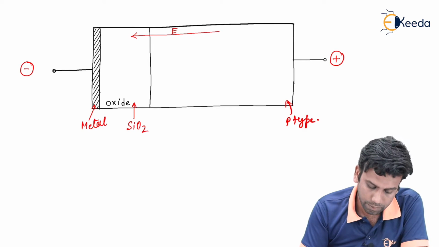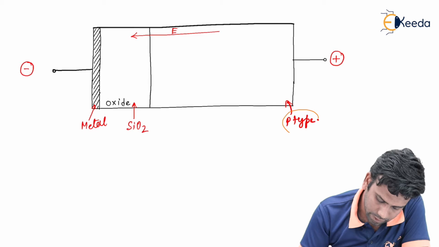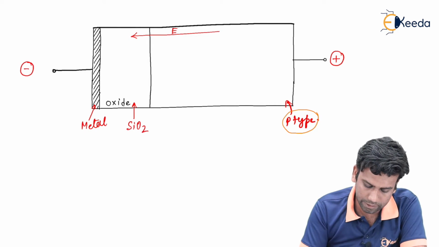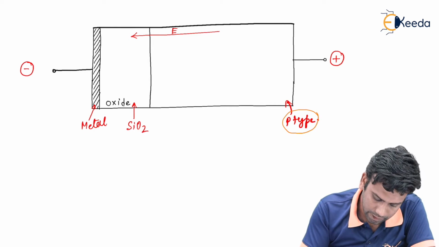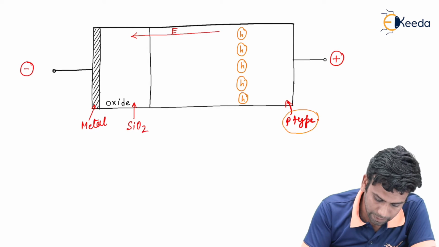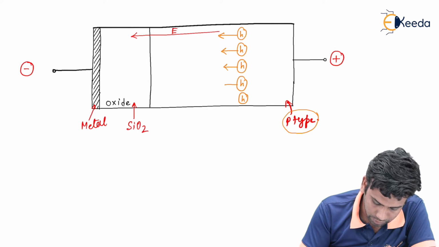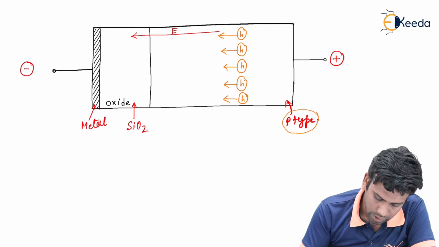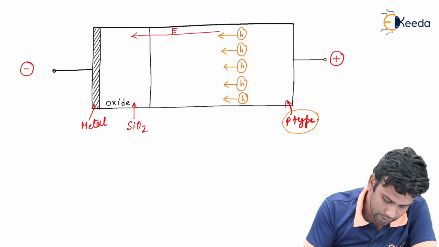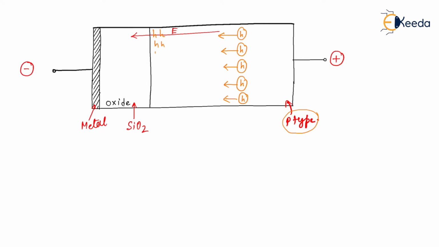Due to this produced electric field, since it is a p-type substrate, the majority carriers of the p-type substrate, that is holes, will be attracted towards the interface region and they will accumulate at the interface region.